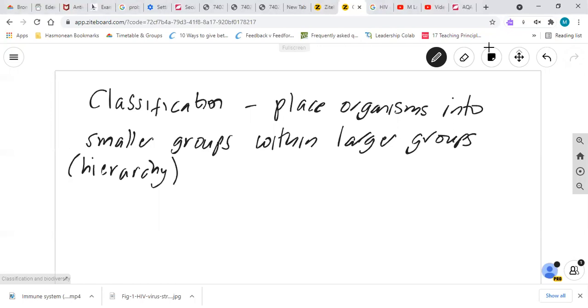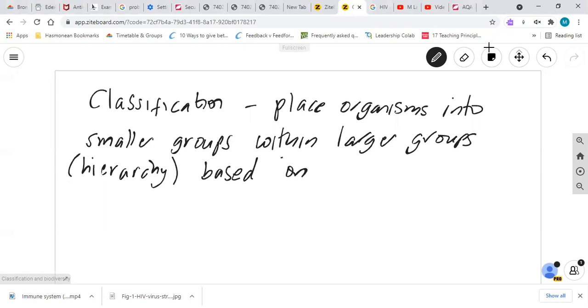So we've got this hierarchy from a massive group at the top to smaller groups, and you cannot belong to more than one group at the same level. So if you live in North America, you can't be living in Europe at the same time. It's not physically possible.